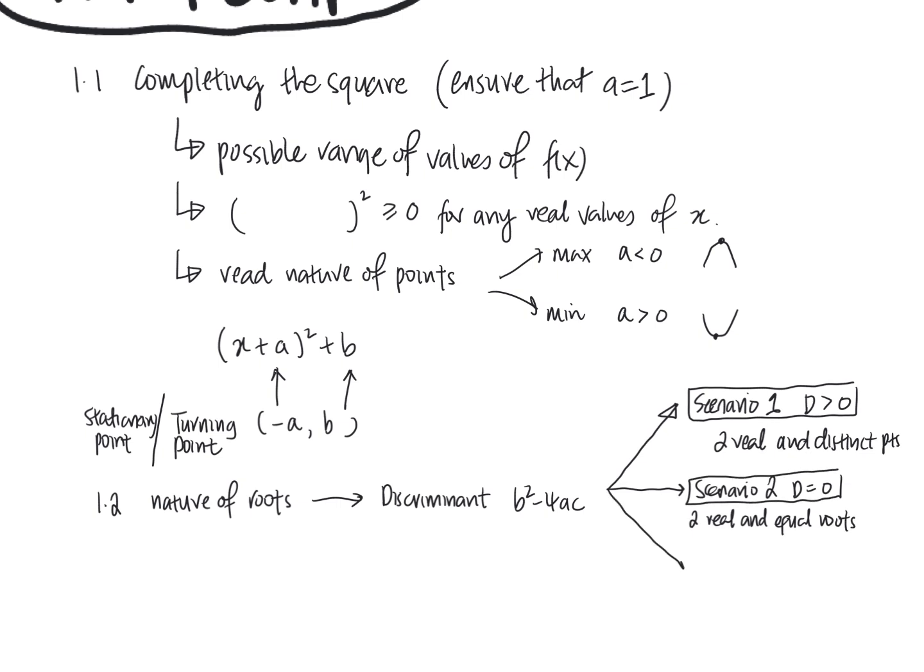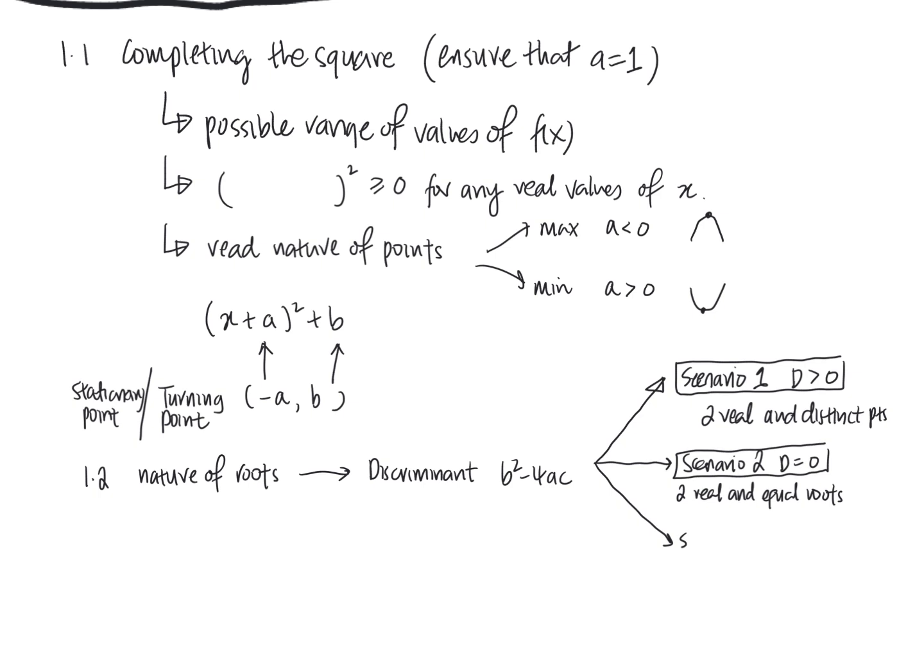The most common one is no real roots, but for no real roots there are also different scenarios. So let's call it scenario 3, and I will split it into 2 separate cases.